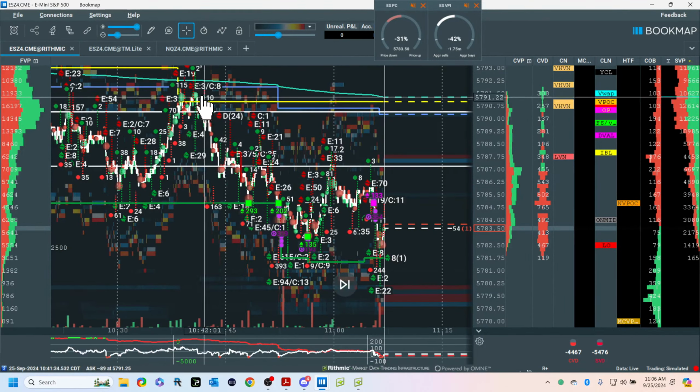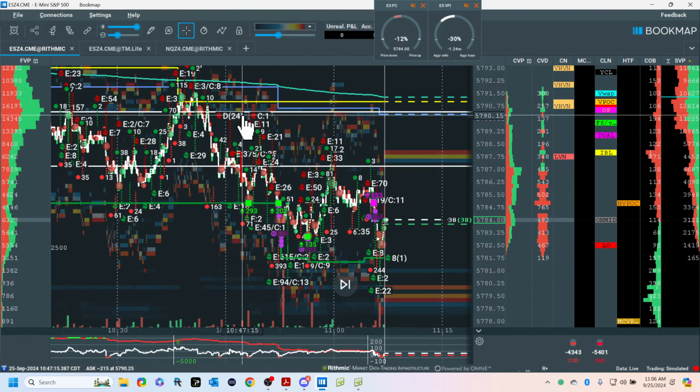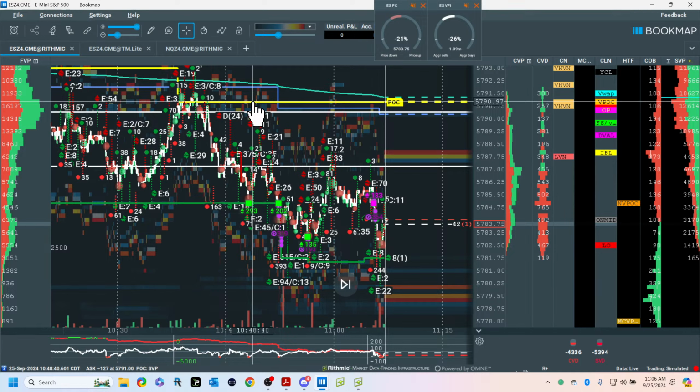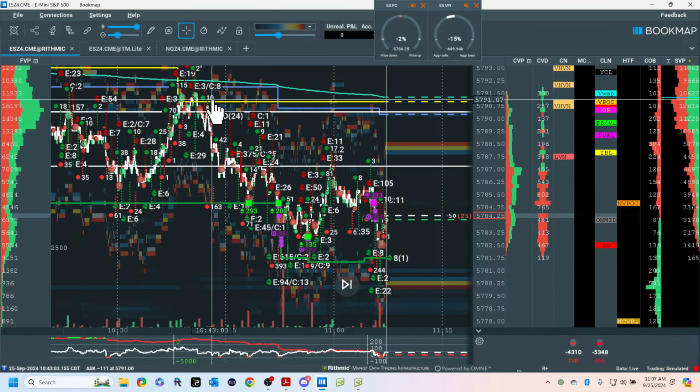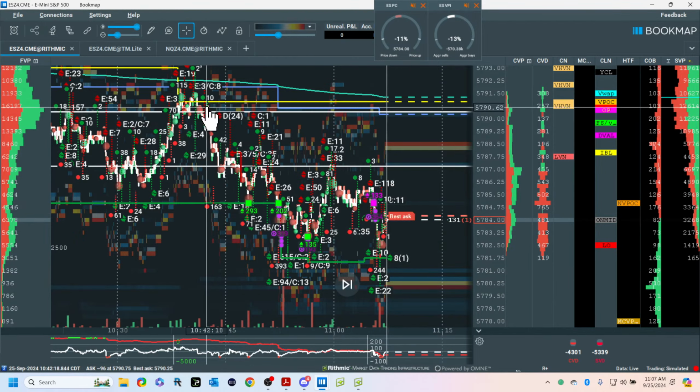This is too high. So let's talk fractals for a moment. This is the developing volume point of control, which really what it measures is the highest volume for the developing day, for the whole day so far. Inside of this is the same behavior in a fractal.